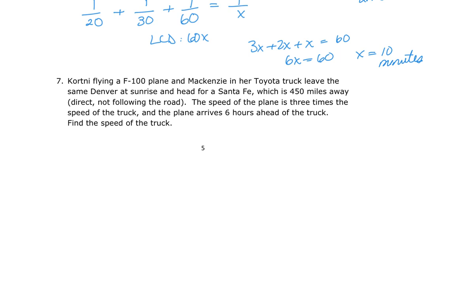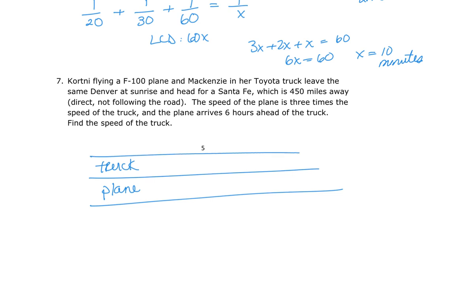Okay, so I'm going to have the truck. I'm going to have the plane. We know rate times time is equal to distance all day long. So the distance is 450, so this is 450, and this is also 450. The plane arrives 6 hours ahead of the truck, so the time for the plane is t, and t plus 6 is the time it takes for the truck to get there.